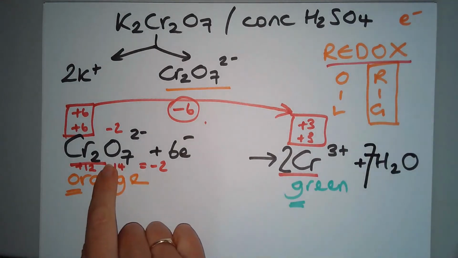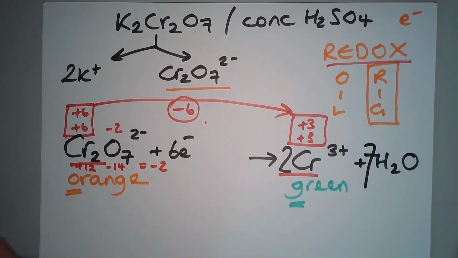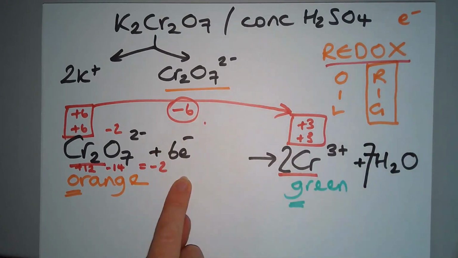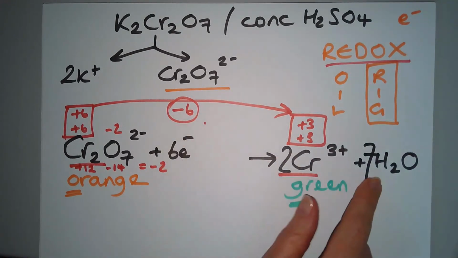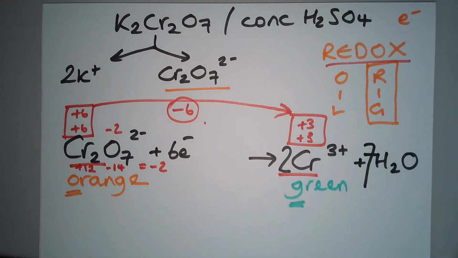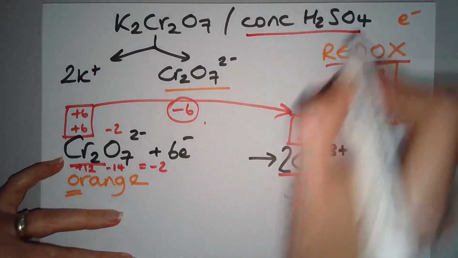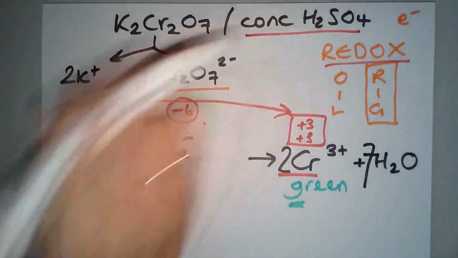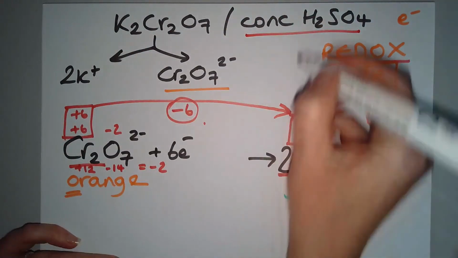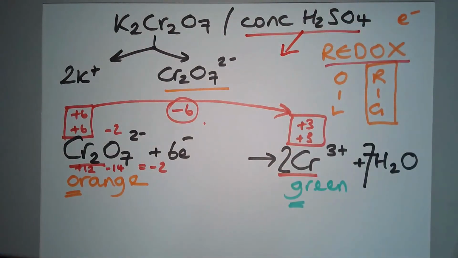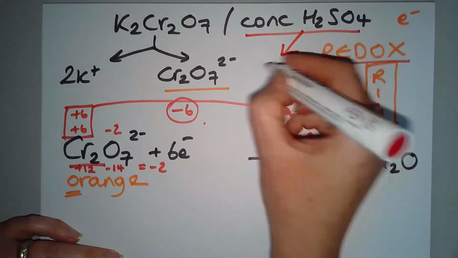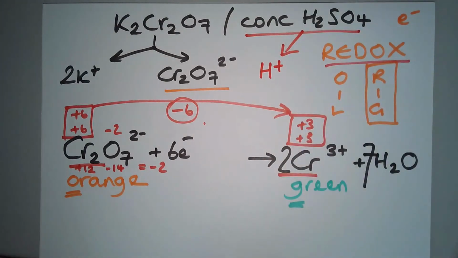So we've balanced now for oxygens, but you might be thinking, hang on a minute, we've now got hydrogens on the right, and you're quite right, we have. So we need to have some hydrogens on the left now to balance those out. Now if you remember, we always say that this is with conc. H2SO4, so this is where our sulfuric acid will come in handy, because as an acid we're going to donate those protons, and that's what we can use to balance our hydrogens.